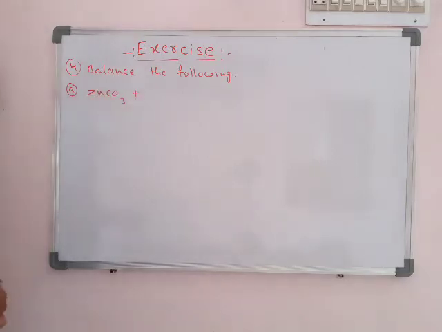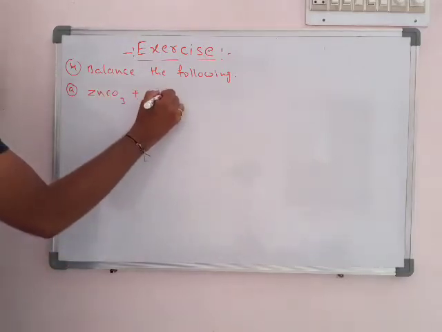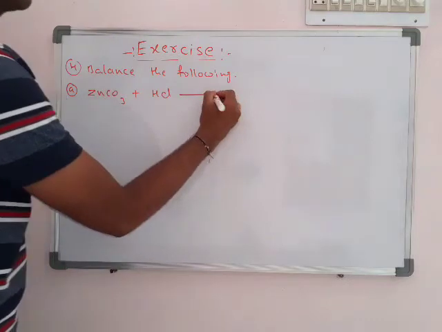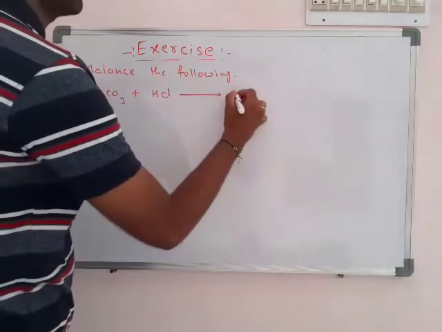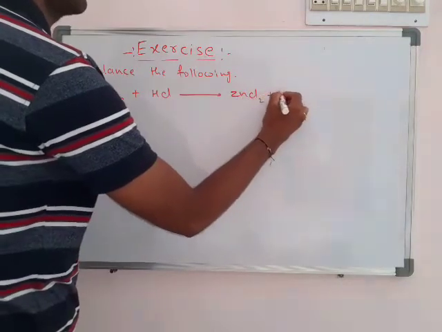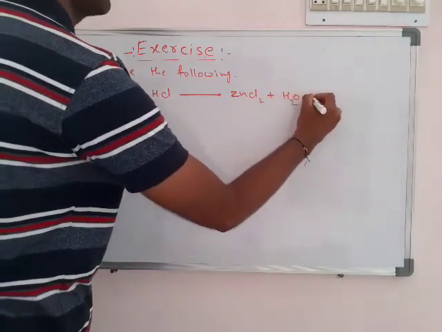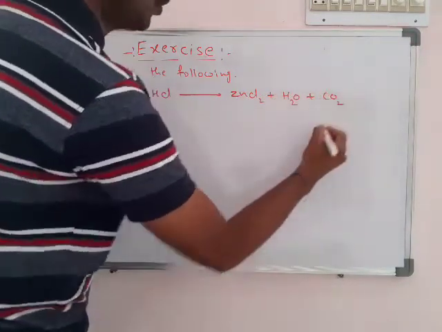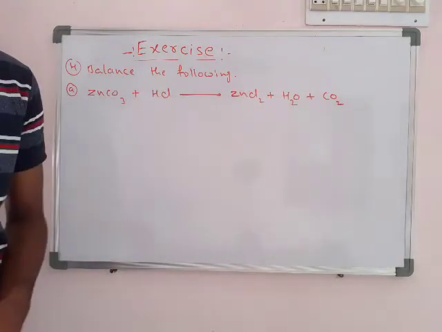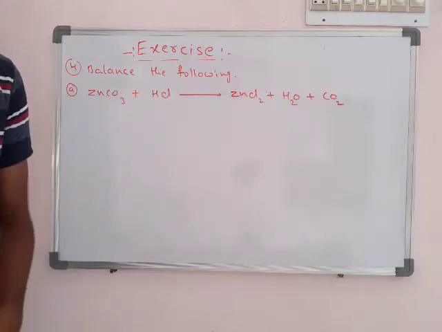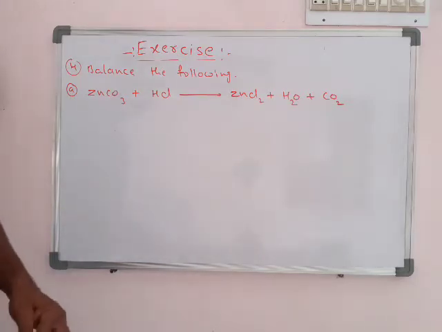Zinc carbonate plus HCl gives ZnCl2 plus H2CO3. So we know two methods for balancing: the valency number method and the hit and trial method. Just practice the hit and trial method.